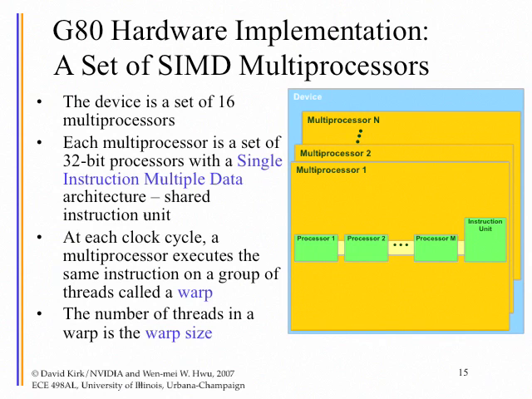Okay? At each clock cycle, a multiprocessor executes the same instruction on a group of threads called a warp. That's pretty much what I said. And the number of threads in a warp is the warp size. And the current generation uses 32. It may even go down to 1 in the future. When that happens, you essentially will not have SIMD overhead when you have control flow.